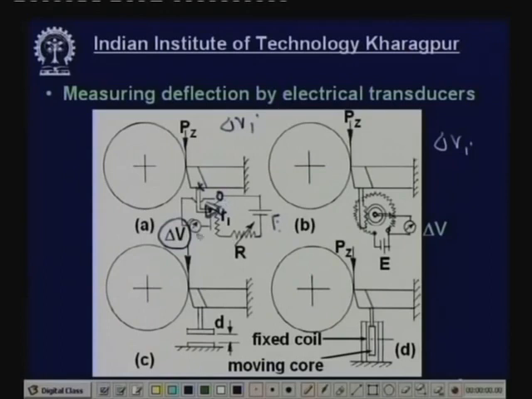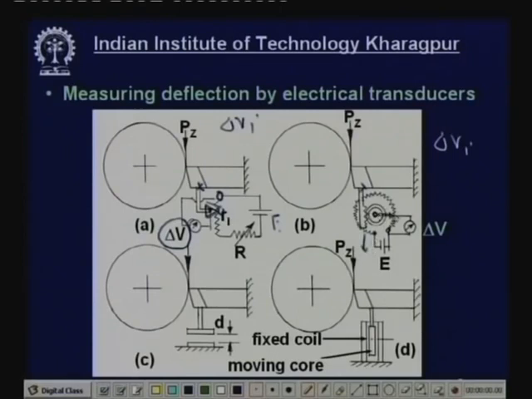Now this is a linear potentiometer. This is not that sensitive. It can be a circular pot. Here the deflection of the tool is taken by a rack. So the rack will move in this direction, and there is a pinion. So the pinion will rotate.